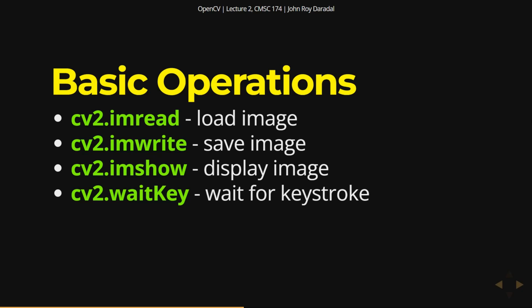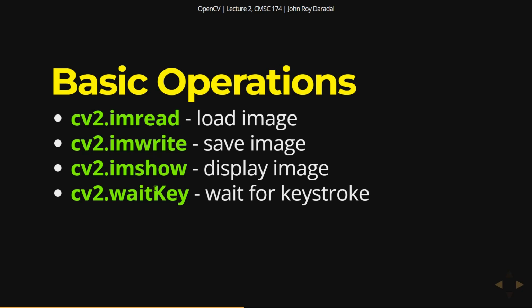But if you just display the image, it will pop up and then disappear right away. For you to be able to actually see the image without it disappearing, you need to use cv2.waitKey, which means that it will pause because it will wait for a keystroke, meaning you need to tap one of the keys on the keyboard for it to continue.